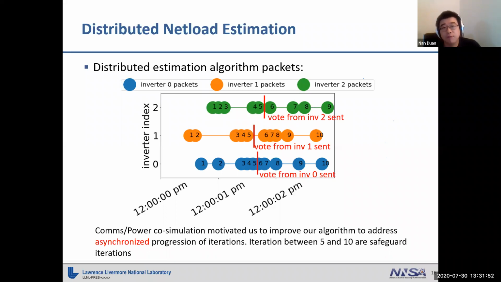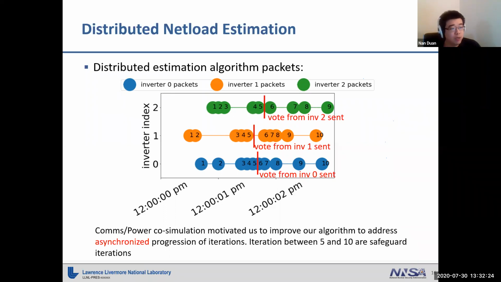And after certain iterations, all of them will reach convergence and send out votes. But you can see that since we are using this packet level simulation provided by NS3, we can track how long it will take for inverters to converge. Here it is roughly three seconds. And you can also see the order of packets being sent.